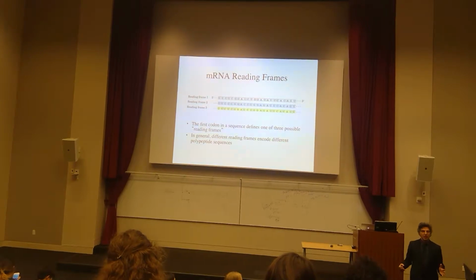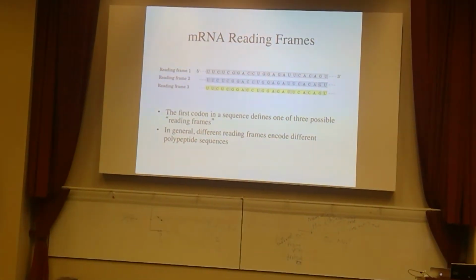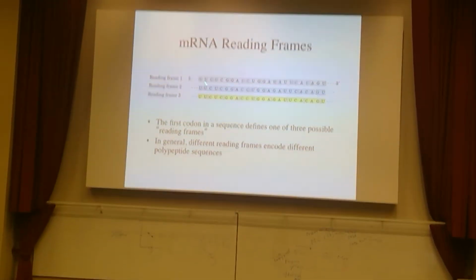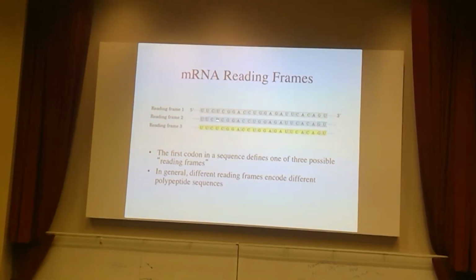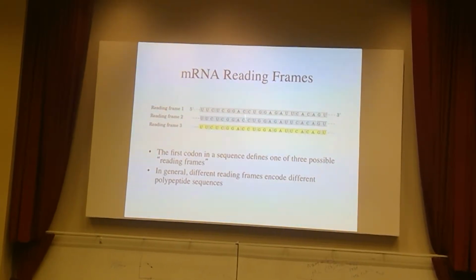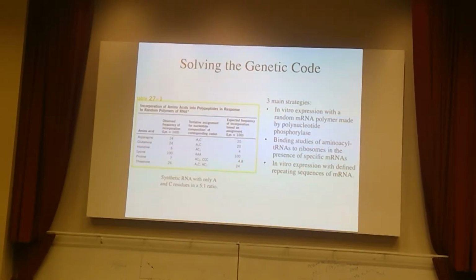And we'll look at some experiments in which that's exactly the case. Ribosome gets a little confused, doesn't quite know where to start, and begins churning out 3 different messages in these 3 different reading frames. Does that make sense? Reading frames? Okay, great. Because that'll be important when we begin looking at these experiments that solve the genetic code.